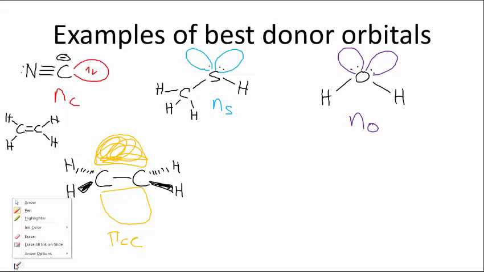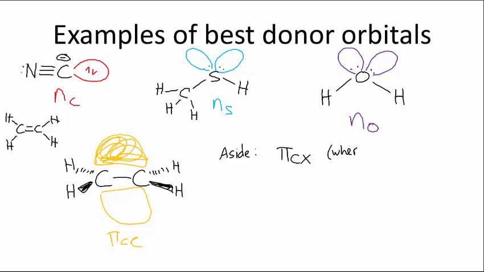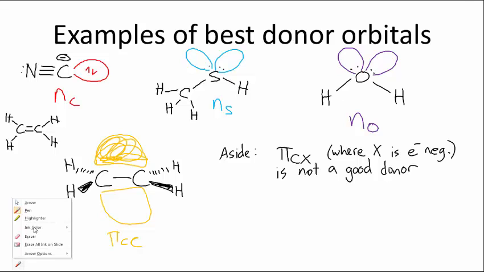So, as an aside, if you had a molecule like this, pi CO would not be particularly good.